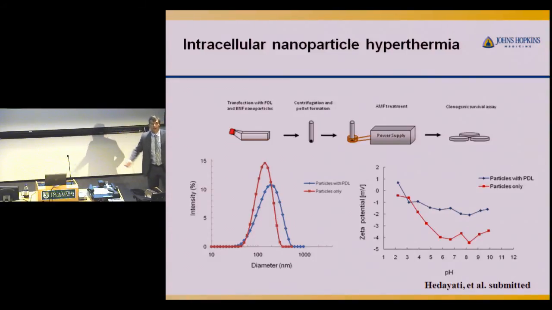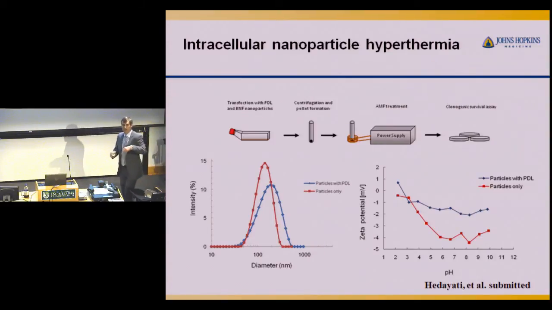Where is this heat going to go? How can you actually have a nanometer, 100 nanometer diameter little particle acting as a source of heat in this massive sea of a cell cytoplasm, right? 10 microns in diameter, and actually generate any heat.